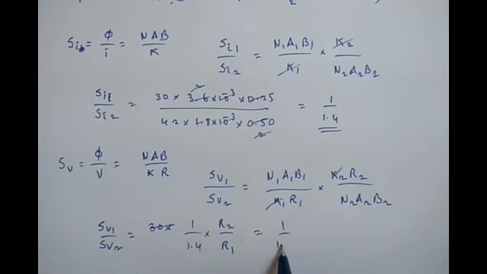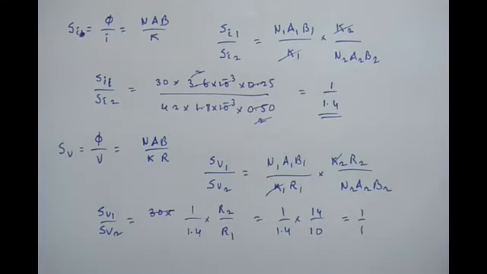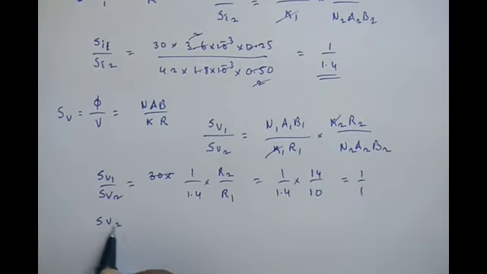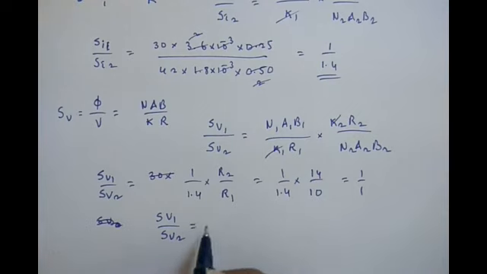So that is 1 by 1.4 into R2 is 14, R1 is 10, so that equals 1 by 1. So SV1 by SV2 equals 1.